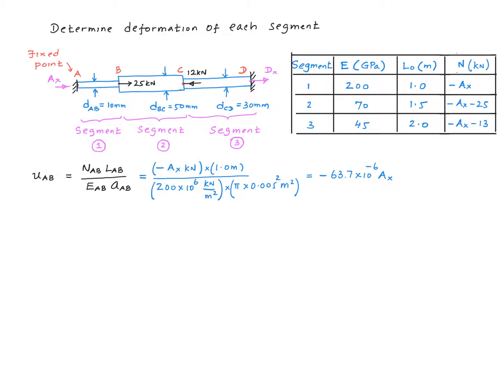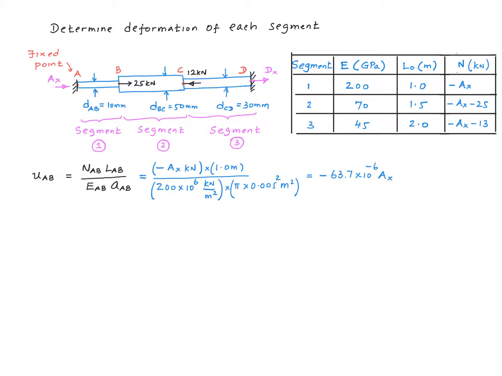And from this table, NAB is minus AX, and let's say we express that in kilonewton. Length is 1 meter. Young's modulus is 200 gigapascal, so let's convert that into kilopascal or kilonewton per meter squared by multiplying 200 by 10 to the 6.